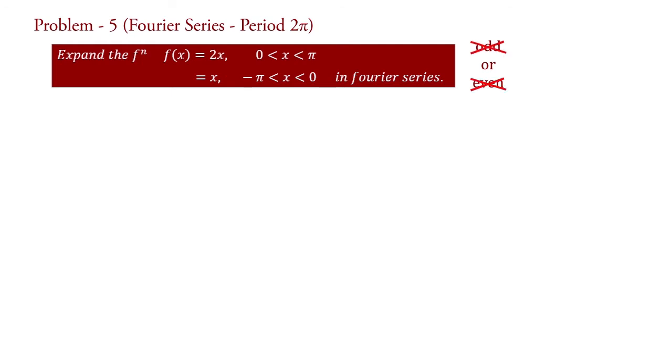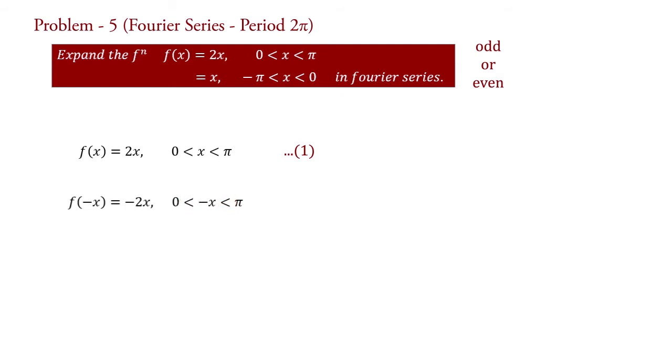But if you can't decide about it, then follow this process. The first part of the given function is f of x equal to 2x for 0 less than x less than pi, say equation 1. Take x equal to minus x for every x. Therefore, f of minus x equal to minus 2x for 0 less than minus x less than pi. Change the less than sign into greater than sign.